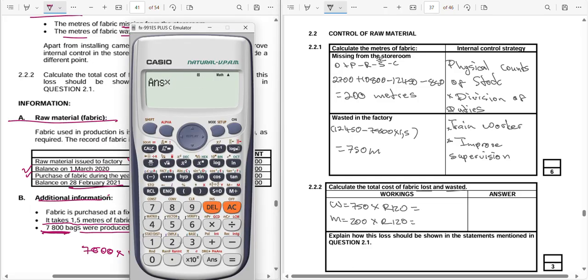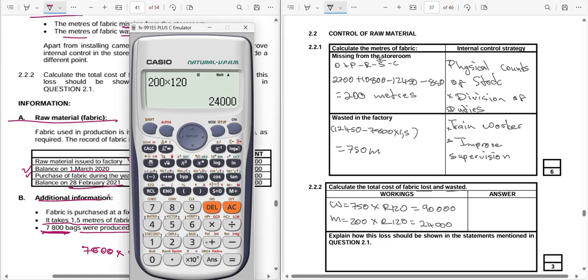Times 120, we get 90,000. For missing, 200 times 120, we get 24,000.